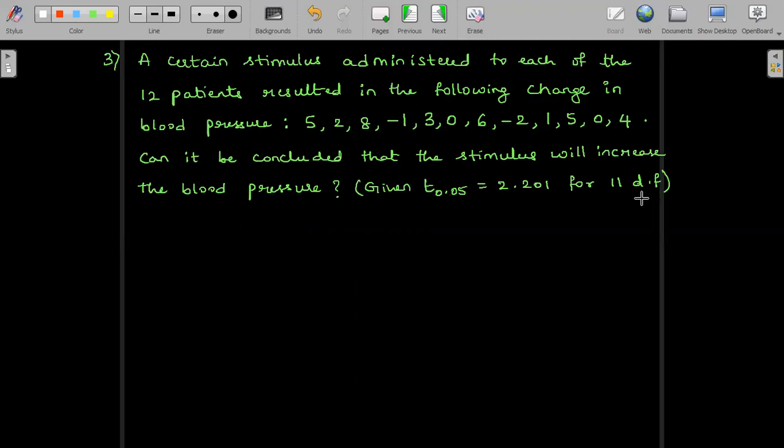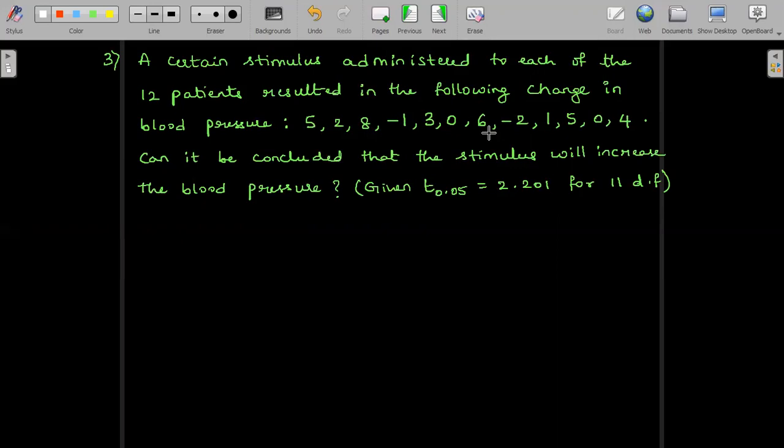So from the analysis of the data, we can say that n equal to 12 patients' blood pressure changes are mentioned for us. And these values can be assumed as x values. So we can easily find out x bar, the sum of all x values divided by n.